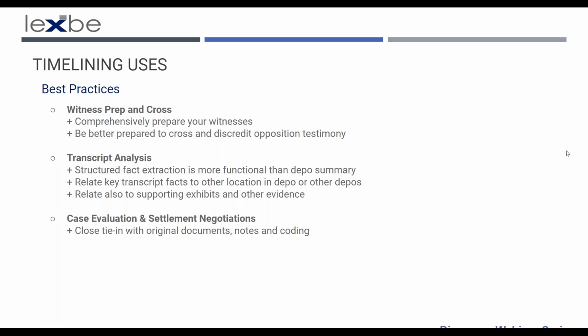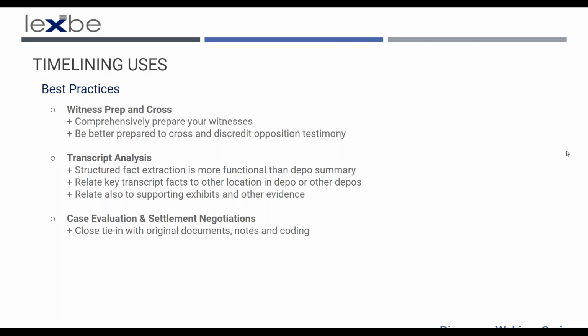You can also relate key facts to supporting exhibits and other evidence, which you can imagine are going to help you if we're going to go back to that discrediting a witness later on down the road scenario. So, transcript analysis, like I said, is something that is not often thought of or utilized as much as it should be in a timelining software. It's obviously helpful in the case evaluation and settlement negotiations.